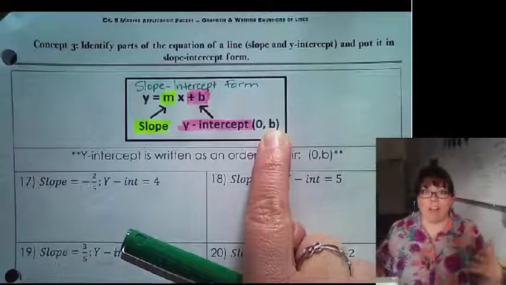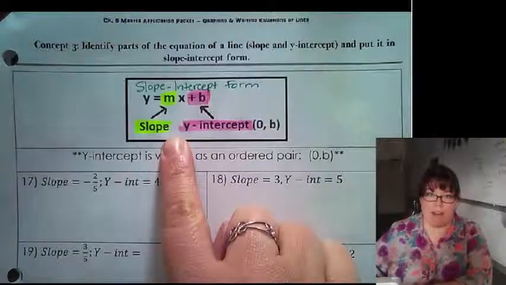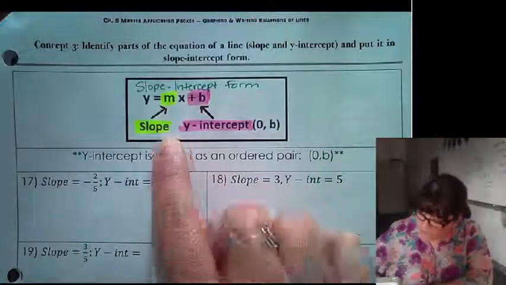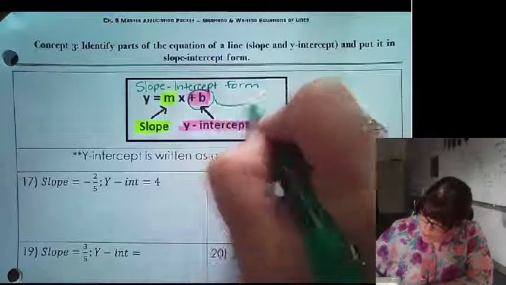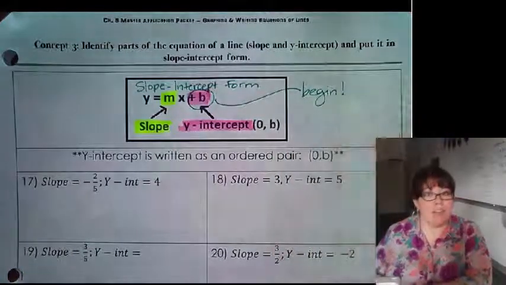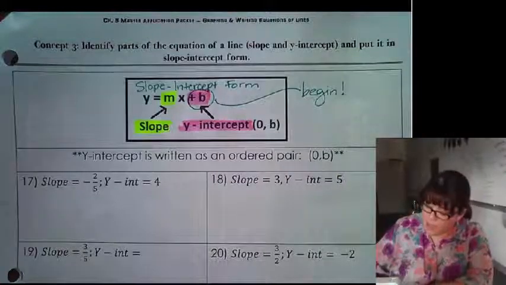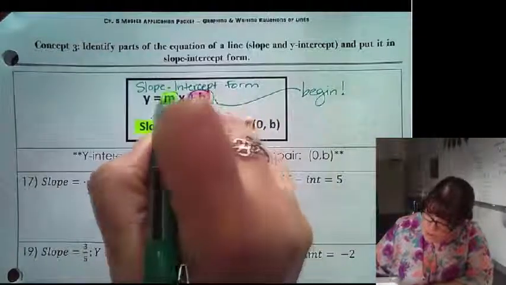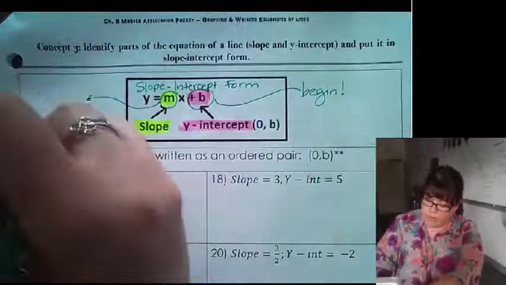Now later on, when we start graphing, this is the best form for graphing, and here's why. The b is where you begin. You find that point on your graph and you start there. You put a point there. The m tells you how to move.